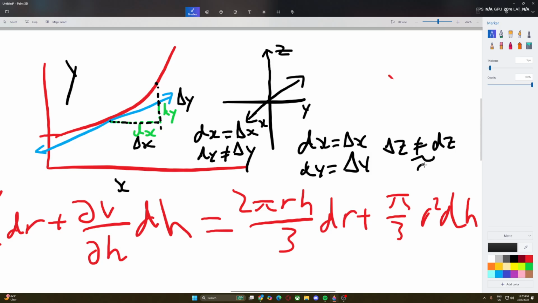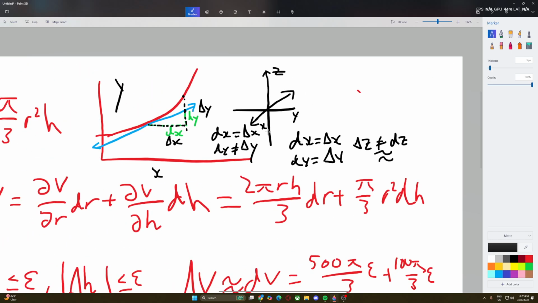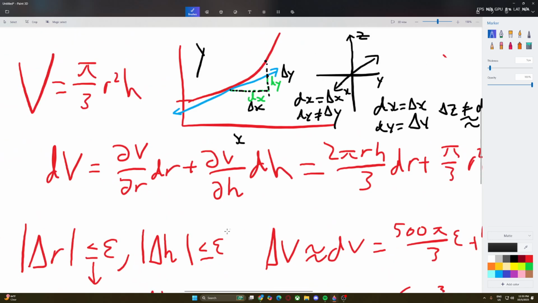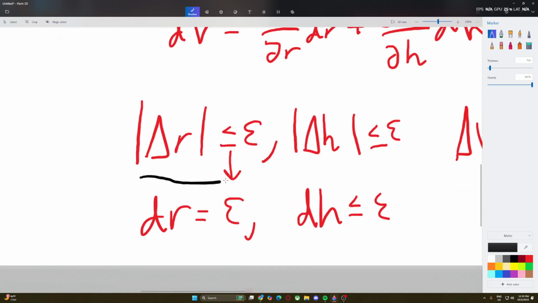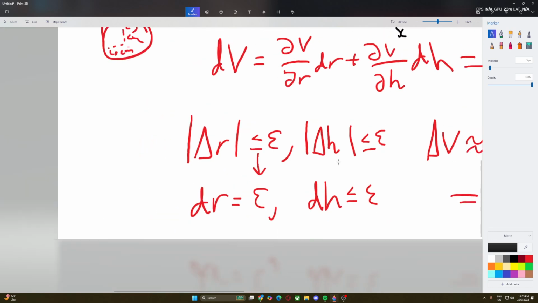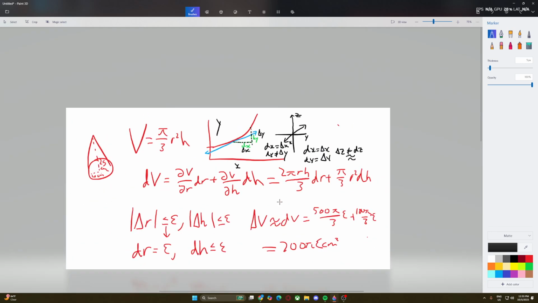They're equal when the limit is taken to 0, when the distance is 0. So that is why the highest bound error, epsilon, gets to be equal to this. They're called differentials, by the way.